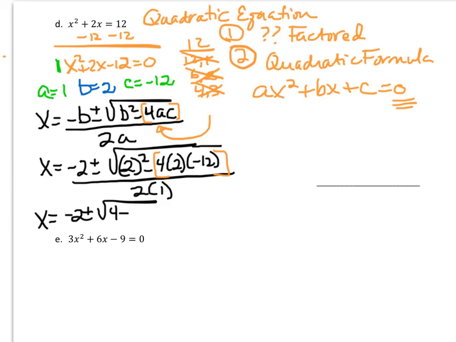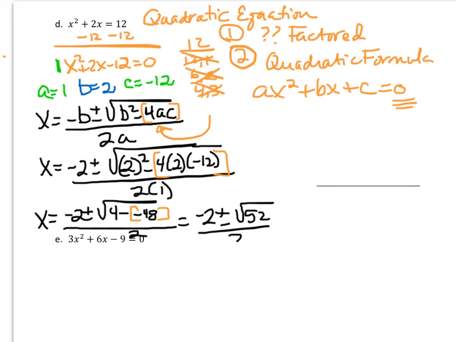And again, because I'm using these brackets, once I put my negative 48 in these brackets, my negative sign that goes with the 48 and my subtraction sign that's part of the formula will be distinguishable. So let's continue this along. Negative 2 plus or minus the square root of 52, all divided by 2.